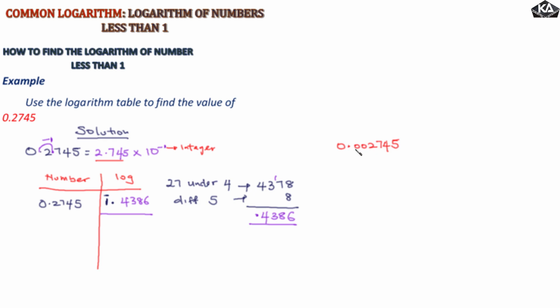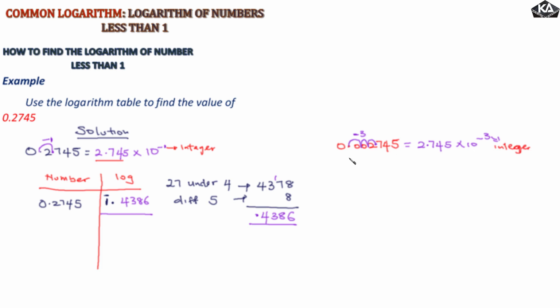The first thing you do is convert to standard form and you move this 1, 2, 3. Now how many times did you move? 3 times. Because it's moving forward, it will be -3. Then the standard form for this will be 2.745 times 10 raised to power -3. Now this is our integer.